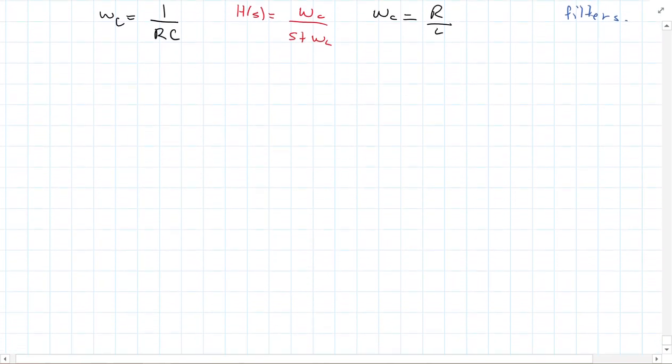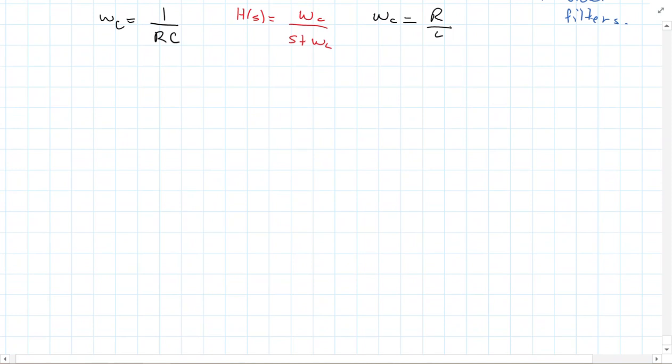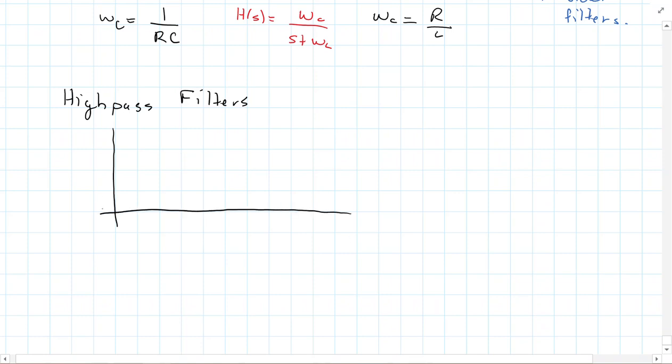Now what we're going to move on to is not going to be that much different than what we have here, as we're going to look at high pass filters. If we look at the magnitude versus frequency plot of these, we're going to have something that looks like this.